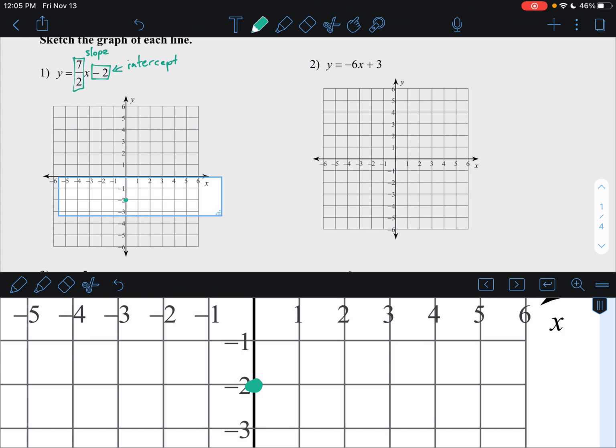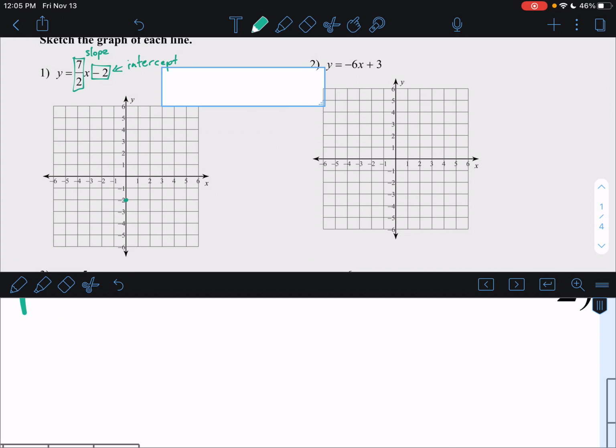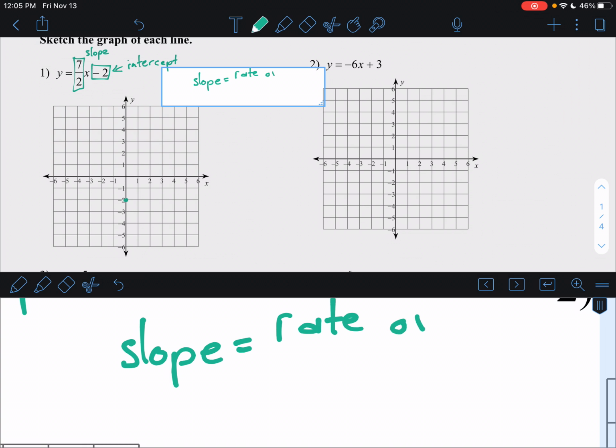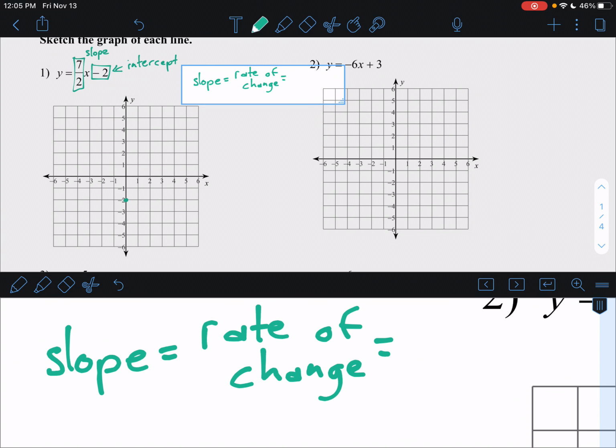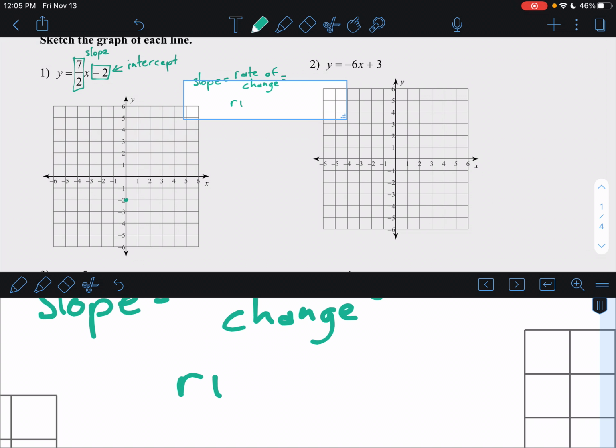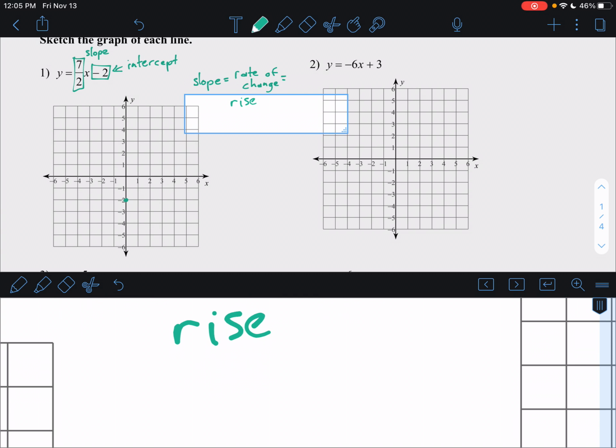All of the problems you will see here are going to be just like that, where the number on the end will be your y-intercept. And then we have the slope. As I said, slope is the same as rate of change, and we said rate of change was rise over run.